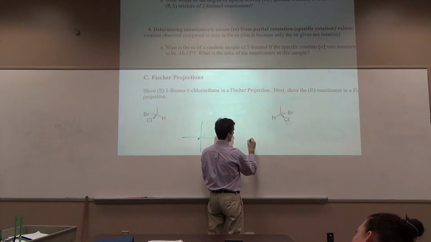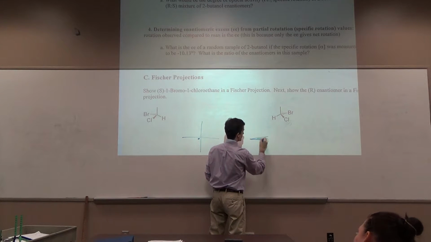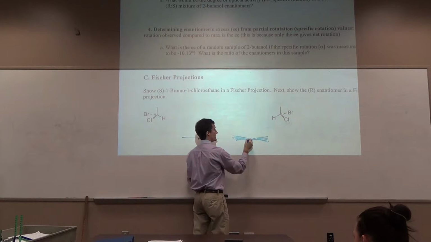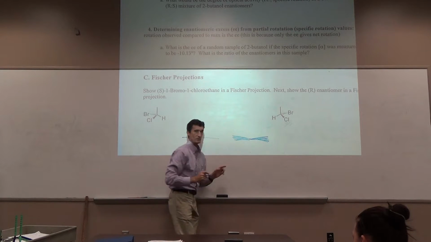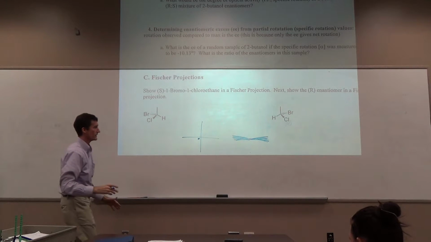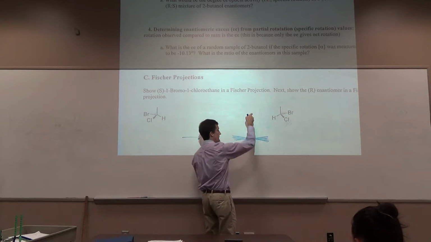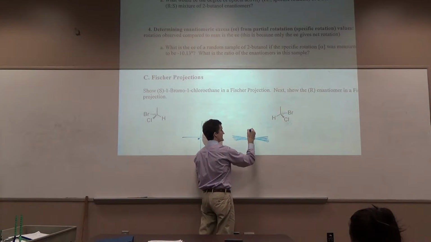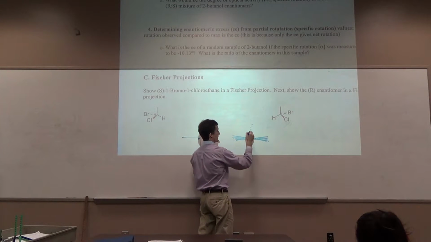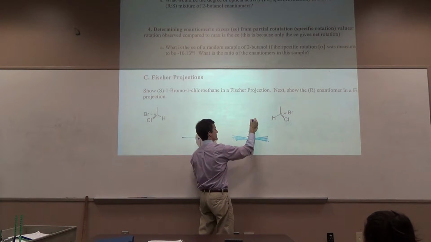The stuff on the side is coming out towards you, like cat whiskers or a bow tie. The stuff up and down is going away from you.